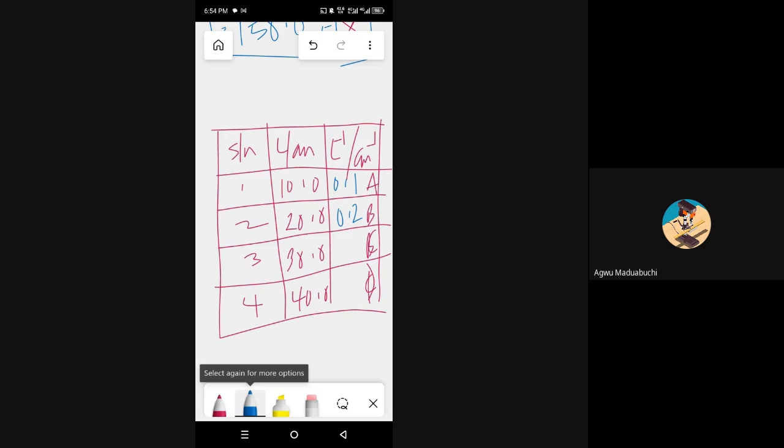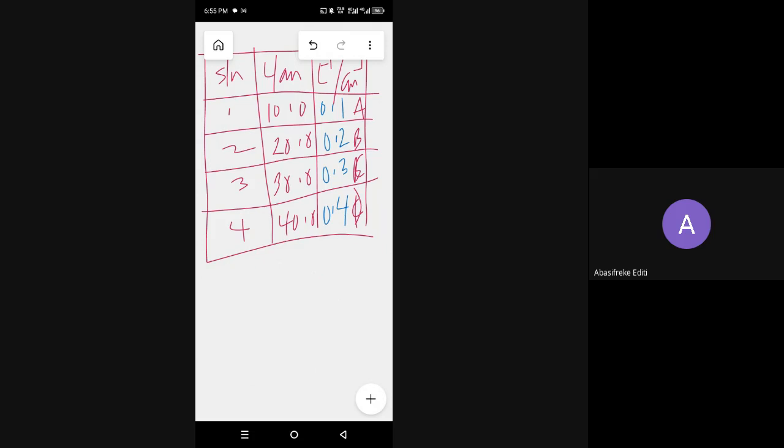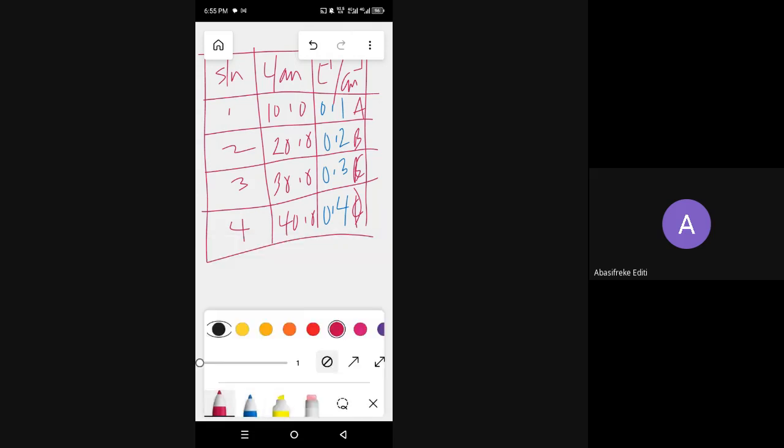Column C. 0.3. Column D. 0.4. So does everyone agree with that? Yes, sir. All right. Now, pay attention.